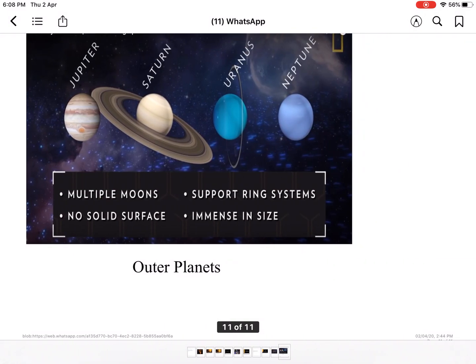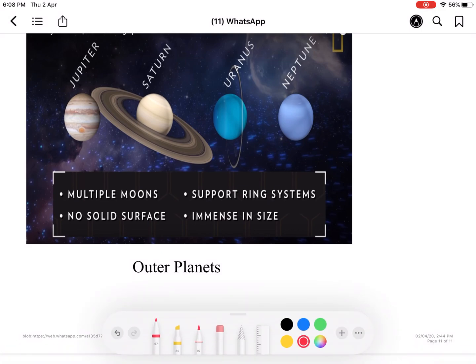Now, this is the picture of the outer planets: Jupiter, Saturn, Uranus and Neptune. Jupiter is the largest planet, and Jupiter has 53 moons. Saturn again has 53.